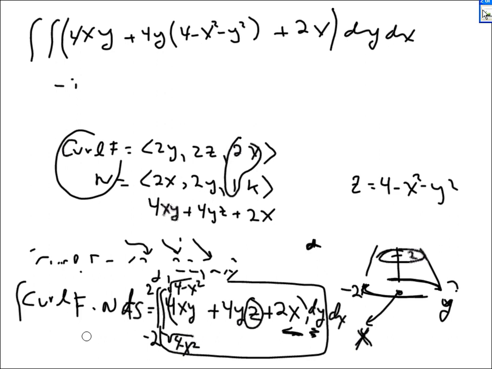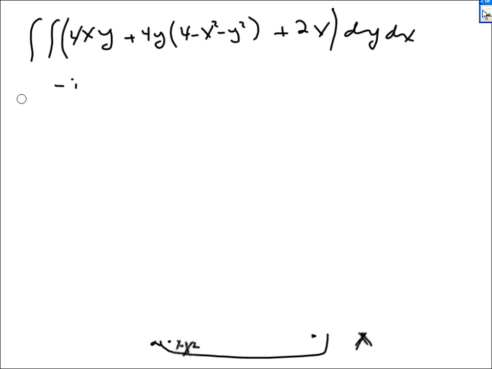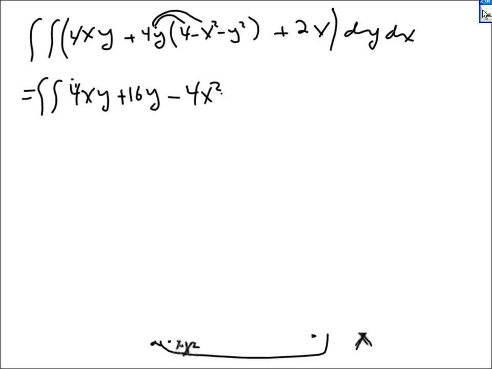So let's clean that up a little bit, and then we'll integrate. This becomes 4xy plus 16y minus 4x squared y minus 4y cubed plus 2x dy dx.